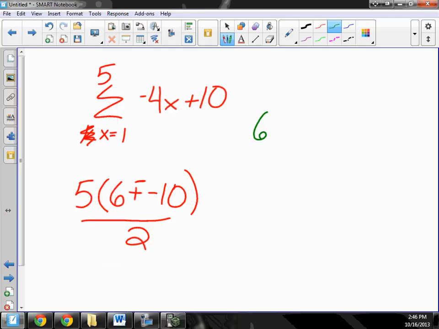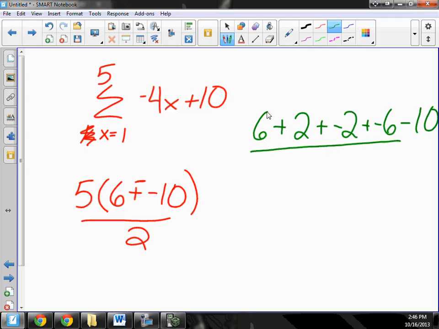So it's 6 plus 2 plus negative 2 plus negative 6 minus 10. Well, what's going to happen to all those? They're going to cancel. So the answer was just negative 10. So arithmetics don't jump back and forth, but they can start positive and end negative. And that's what happened here. Our sequence is going down, and it actually dropped into the negatives. So that canceled that, and that canceled that. And a lot of times that'll happen. In a geometric, sometimes it bounces back and forth. But that cannot happen in arithmetic.